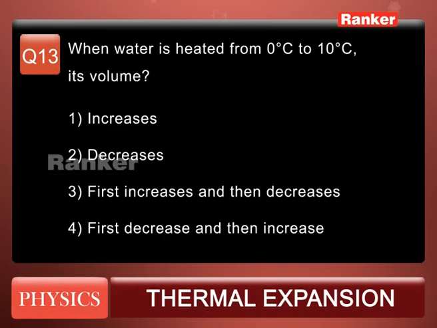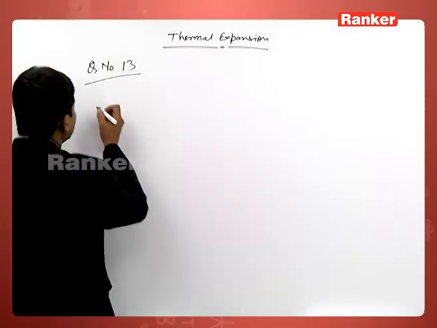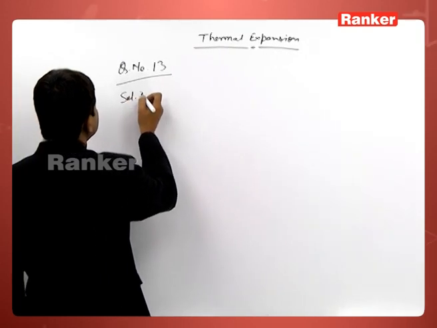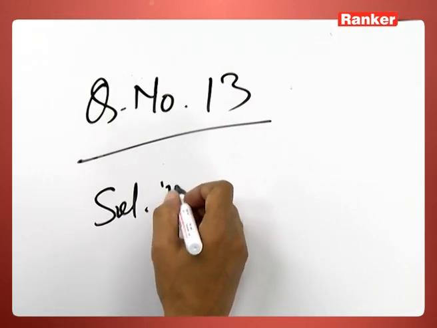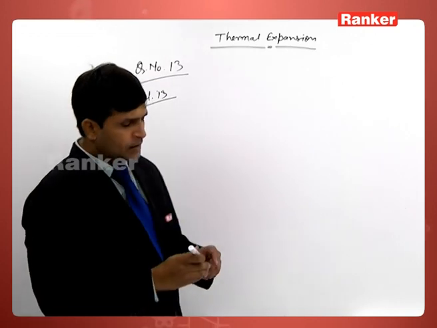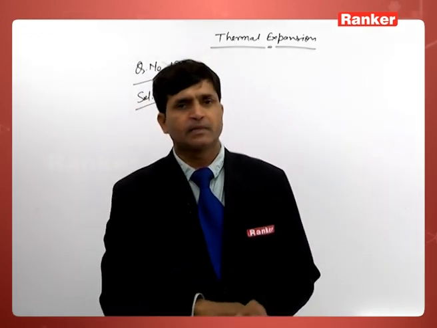Question number 13. When water is heated from 0 degrees Celsius to 10 degrees Celsius, its volume: first option increases, second option decreases, third option first increases and then decreases, and the fourth option first decreases and then increases. See, as we know, water has a peculiar property.